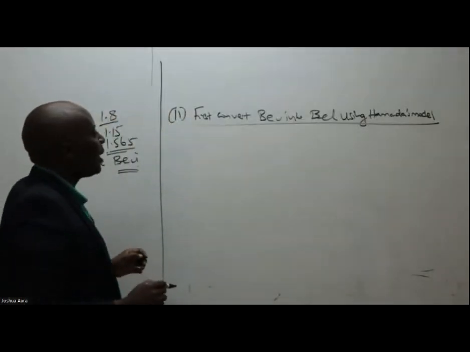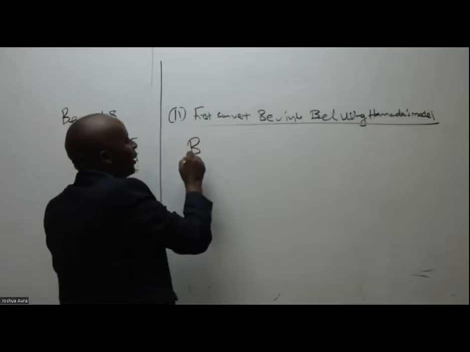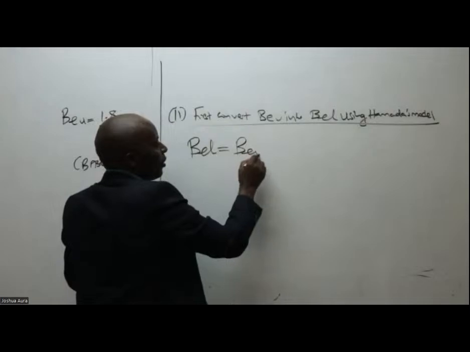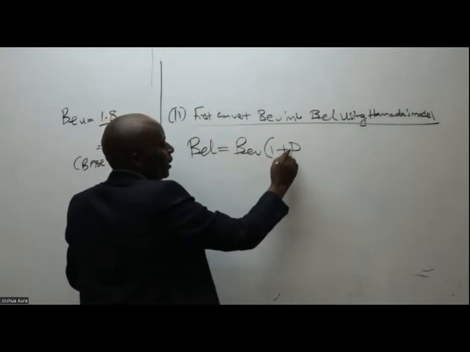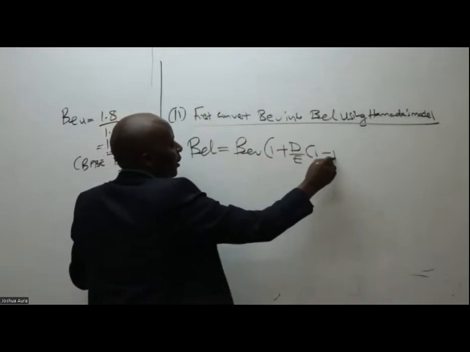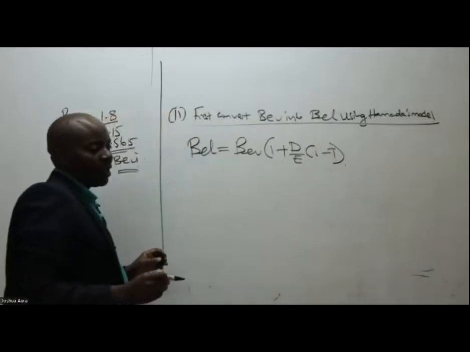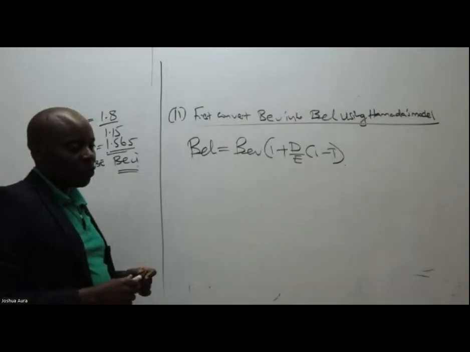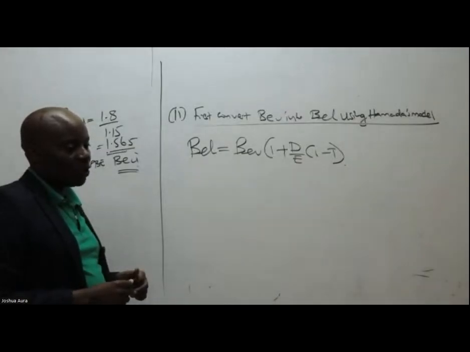So using Hamada's model, we know the formula that BEL equals BEU into 1 plus debt over equity into 1 minus taxation.